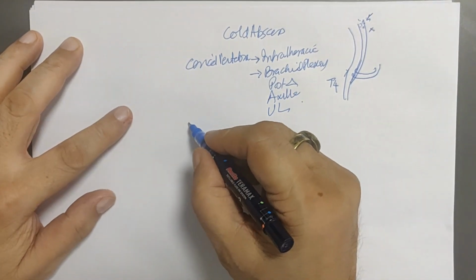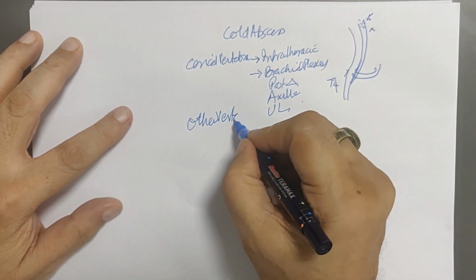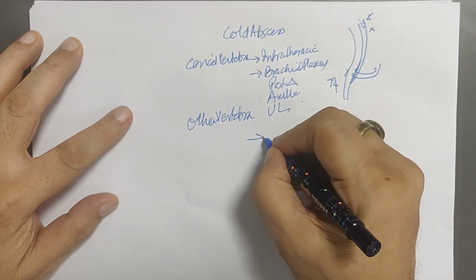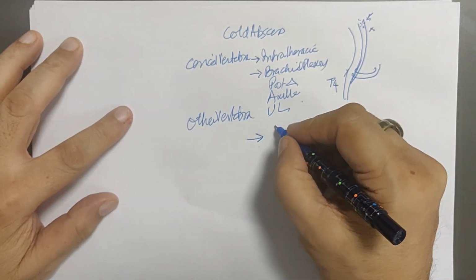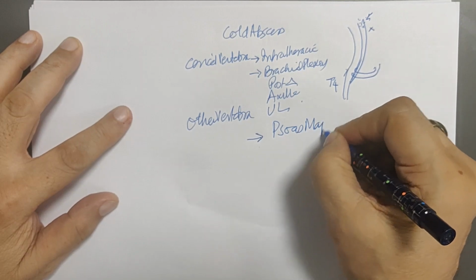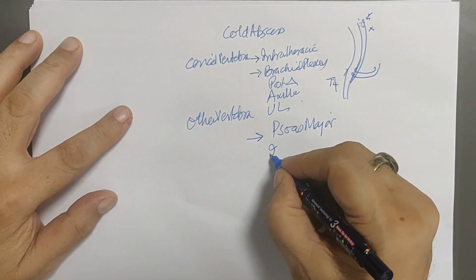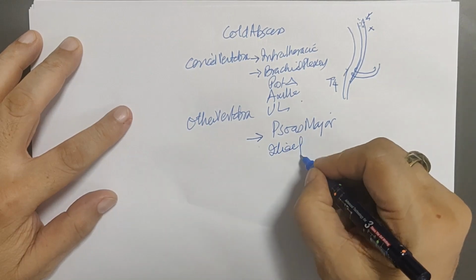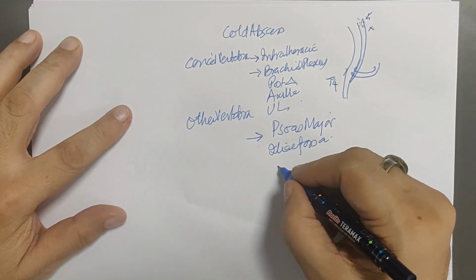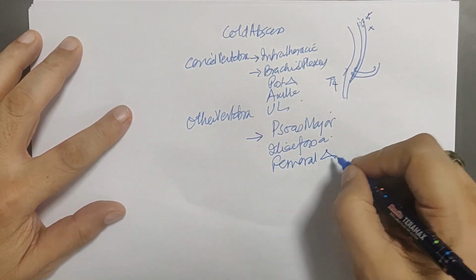Then from the other vertebra, the cold abscess tracks parallel to the psoas major muscle, and from psoas major it can be in the iliac fossa, or it can be in the femoral triangle.